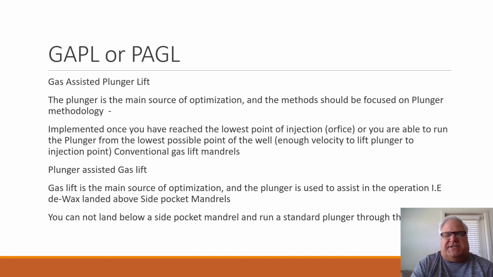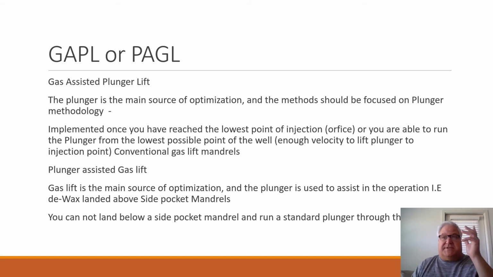But you still need to run the rest of the well below the plunger like gas lift. So you'd be looking at continuous injection and different things. The main driver for optimization is the gas lift, and you would run it with that gas lift mindset, and the plunger is there just to assist it.